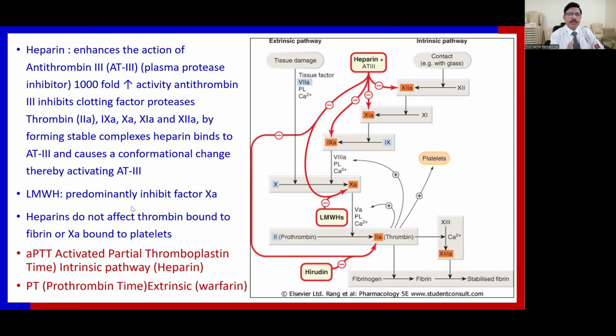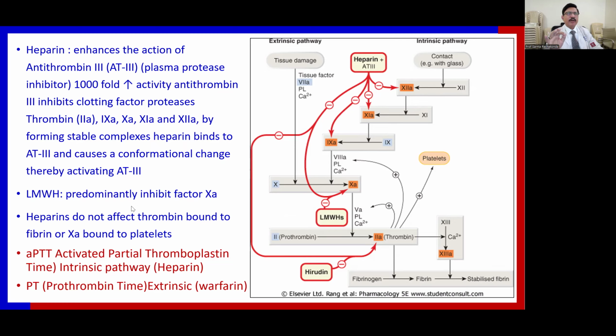This polypeptide goes and makes complexes and binds. Antithrombin 3 is the polypeptide that goes and binds across all the intrinsic pathway factors and also 2A. Okay, 10, 11, 9, 12, and also 2A are inhibited by the heparin.